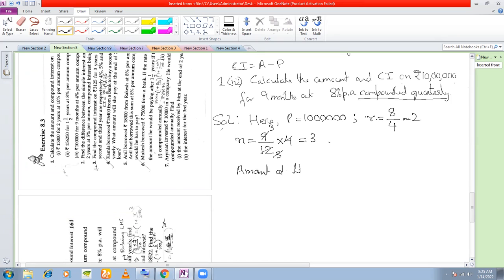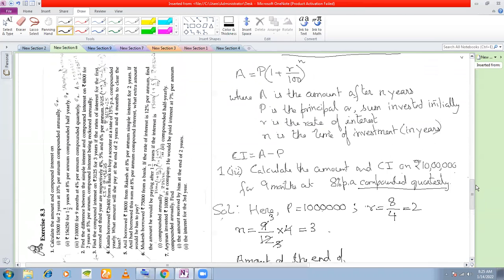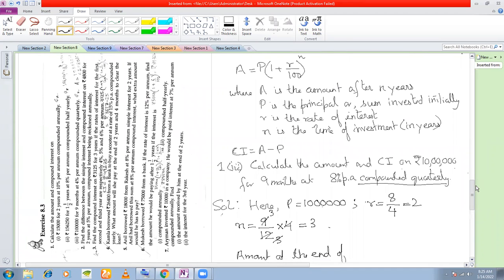Sir, but in the last problem, we didn't multiply the rate, we divided the rate. Yes, we did divide the rate. In the last problem the rate was 8%, so we divided the rate.